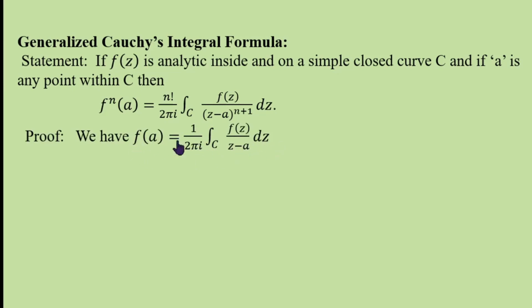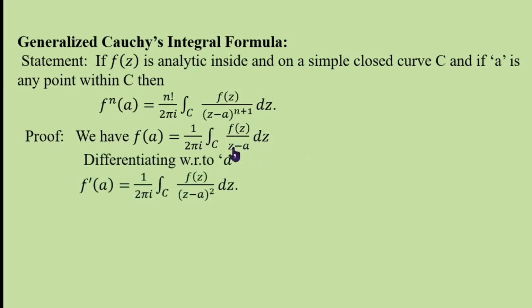Now differentiate with respect to a. The left-hand side is f dash a; the right-hand side, derivative under the integral sign, becomes a partial derivative. The partial derivative of f of z by z minus a with respect to a is f of z by z minus a whole square.